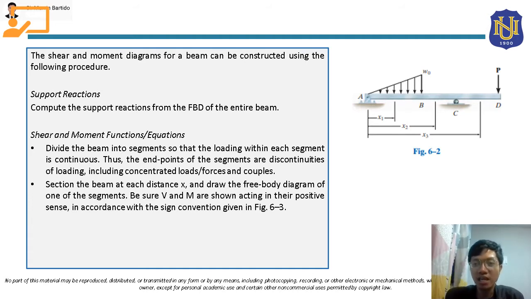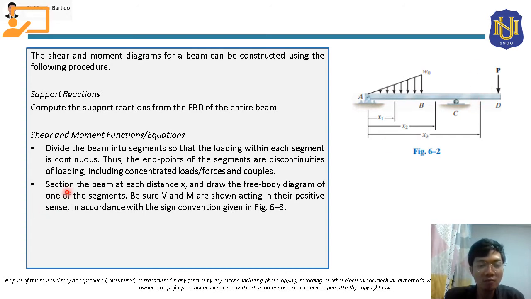Let's say for this segment AB, we are going to cut a section somewhere here. And also for segment BC, we're also going to cut a section here. Also for segment CD, we're going to cut a section here.